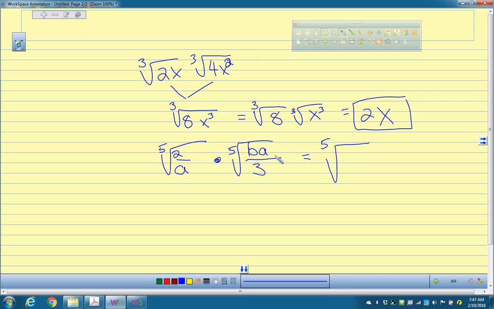What's 2 times b times a? 2ba. What's 8 times 3? 3a. What cancels out? A goes away. It's a lucky day. You get 2b, the fifth root of 2b over 3. And in that case, nothing else could come out of it, so you just leave it just like that. So if nothing else could be pulled out of the root, you just leave it.